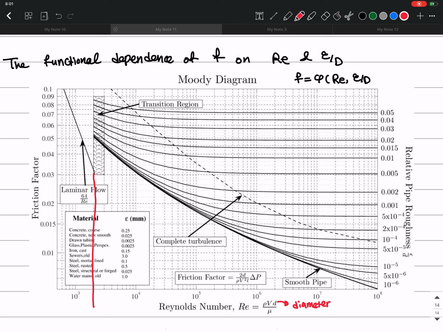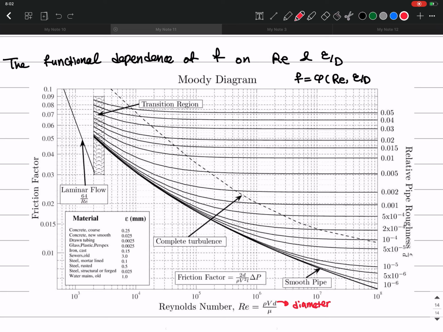So this is 10 to the 3, which is 1000, and this is the second one, 2 times 10 to the 3, which is 2000.